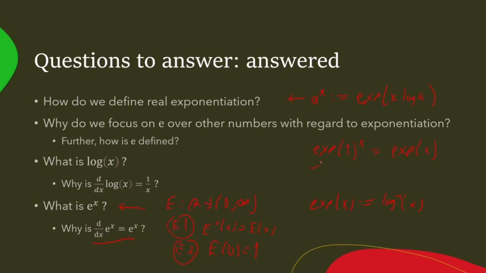And so in this sense, exp of 1 generated the entire exponential function. And so we gave exp of 1 some special notation. We called it e. So e was defined to be exp of 1, and this addresses this sub-question here as well. And so why we focused on e over other numbers regarding exponentiation is because it had this property of being able to generate the entire exponential function.